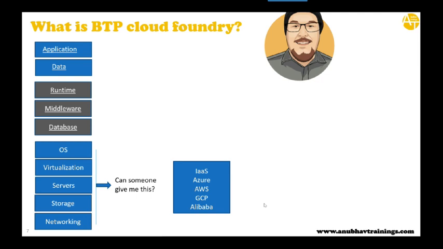Suppose I want a computer with 30 gigs of RAM and 500 gigs of hard disk with, let's say, the latest Intel processor with X amount of speed. What I can do is go to Amazon and ask Amazon to provide me a computer with the same compute unit. And within no time, within 5 minutes, I have a computer ready on the internet.